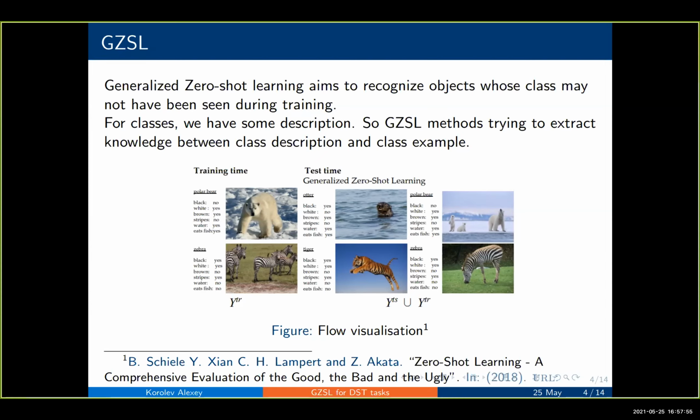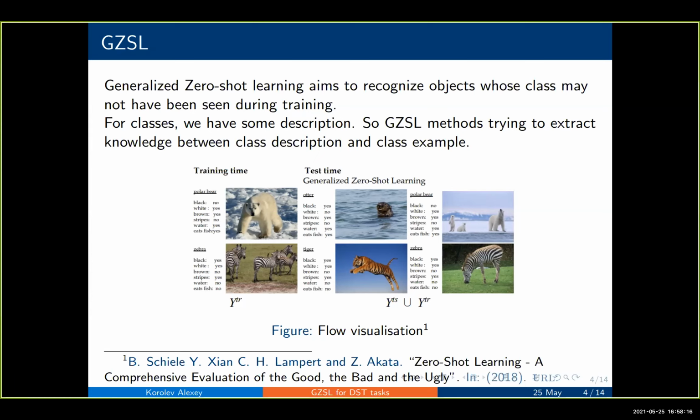Unseen classes are classes on which we didn't train, but on which we test our system. So during training, some classes are unseen.